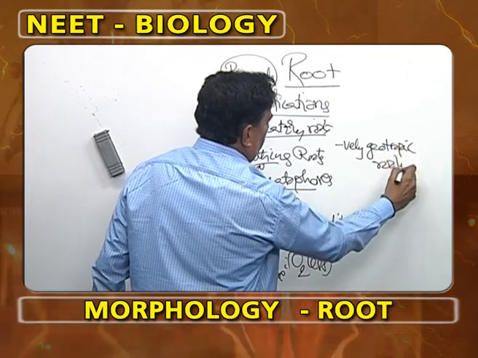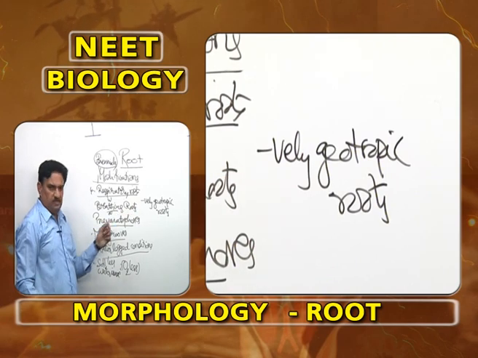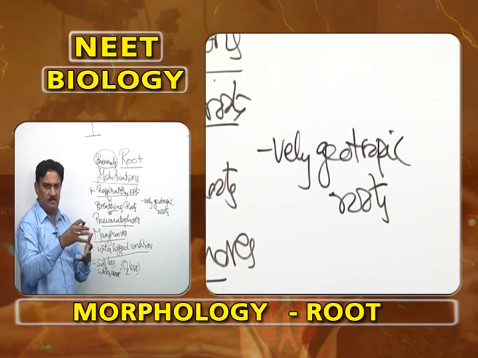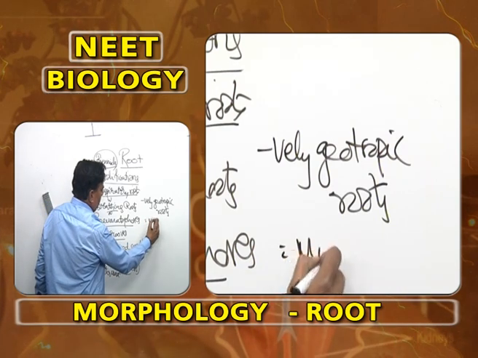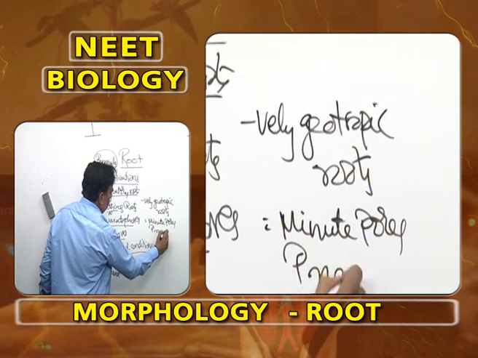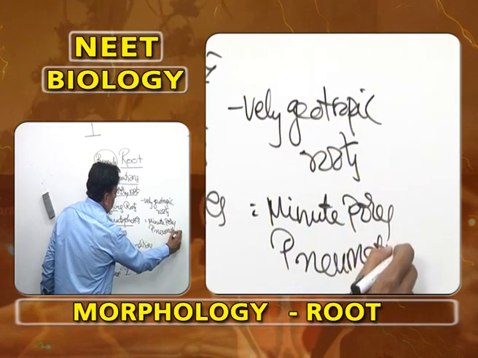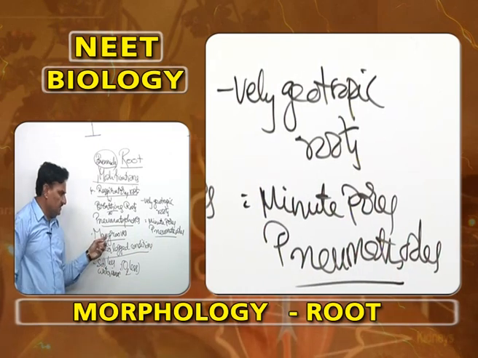These are the only negatively geotropic roots in plant kingdom. These negatively geotropic roots grow above the soil around the stem, and contain minute pores called pneumatothodes. Through these, oxygen is absorbed, carbon dioxide is liberated out.